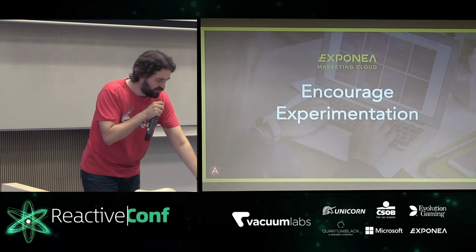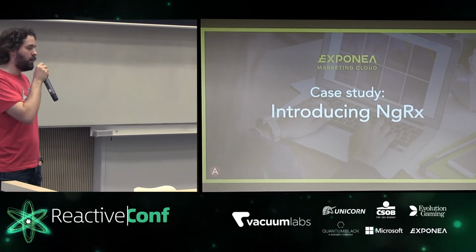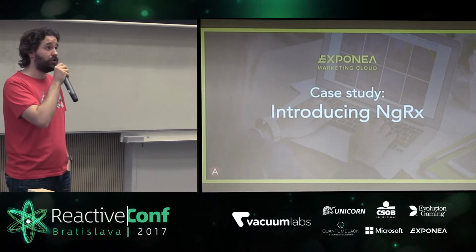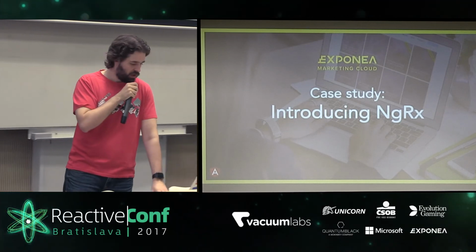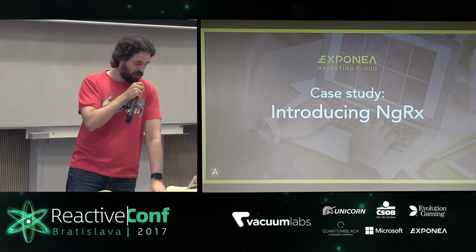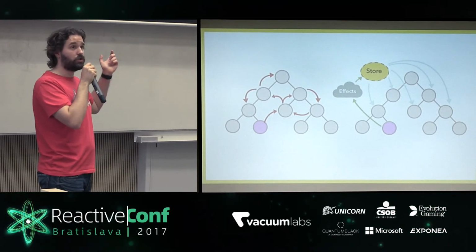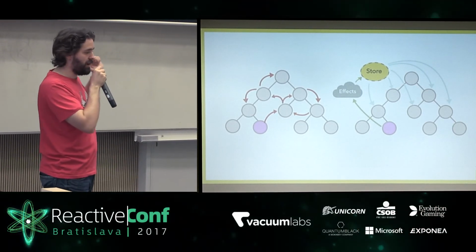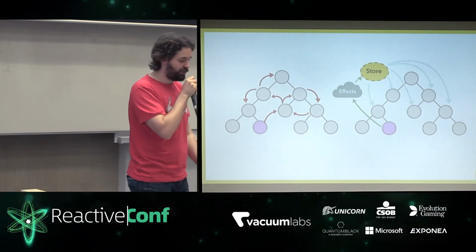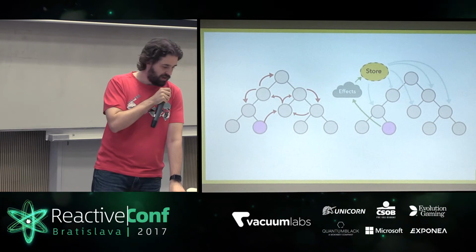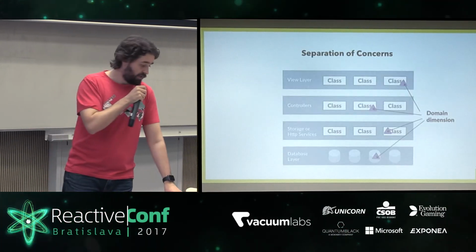It's perfectly imaginable. For example, we are just introducing NgRx to the application. If you don't know what NgRx is, it's basically the Redux implementation for Angular, which leverages RxJS reactive streams as a base, and it's a perfect tool for decoupling.